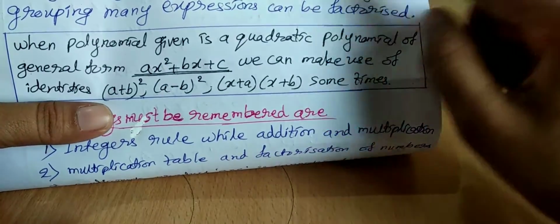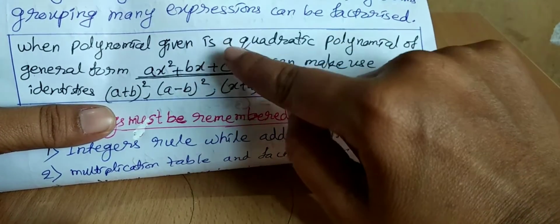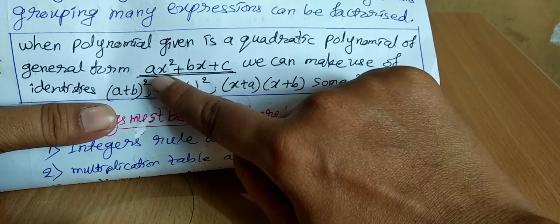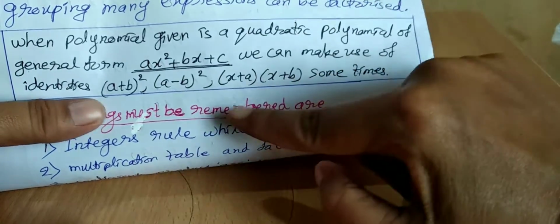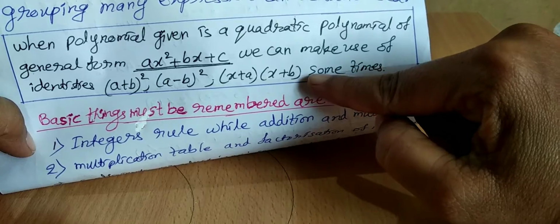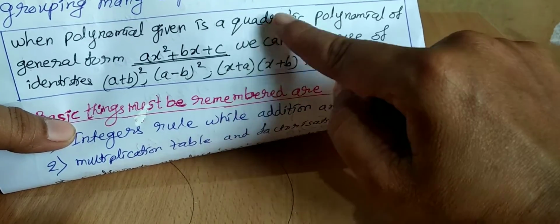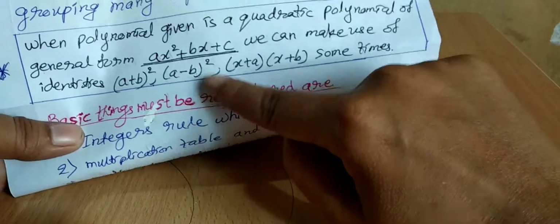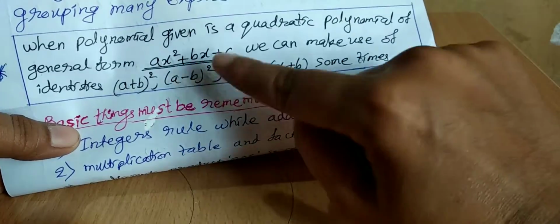This resembles ax² + bx + c when a equals 1. So the product ab and the sum a + b should be evaluated.